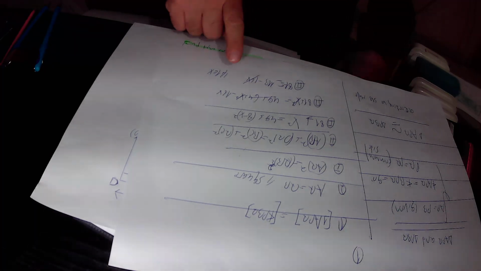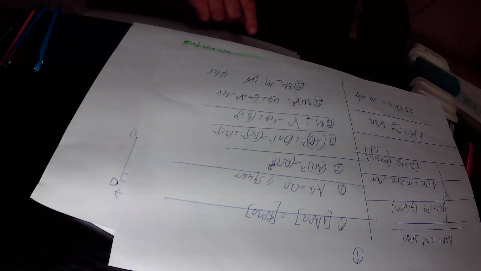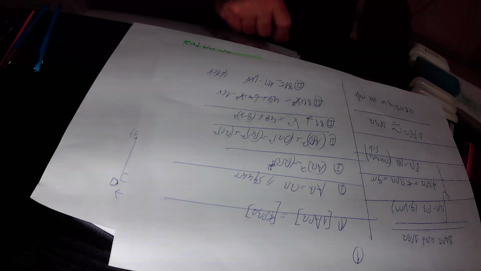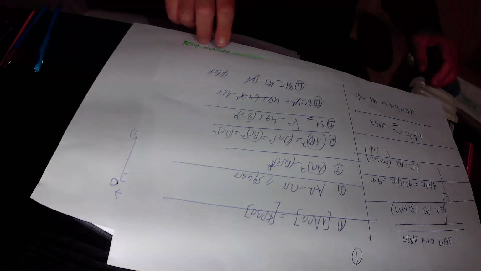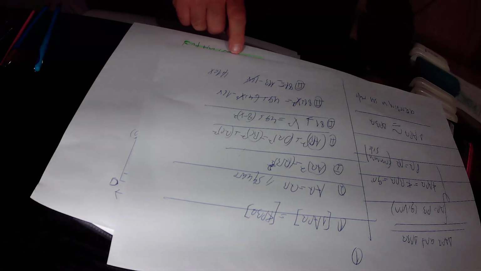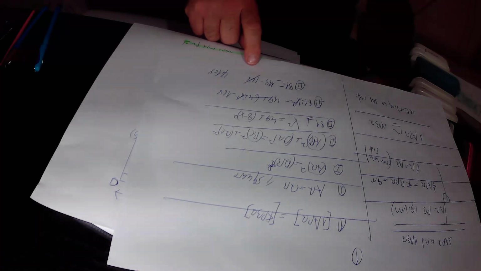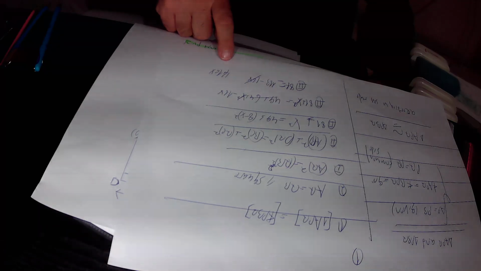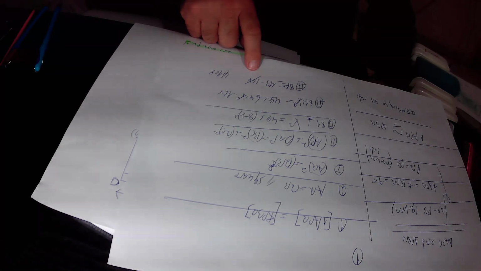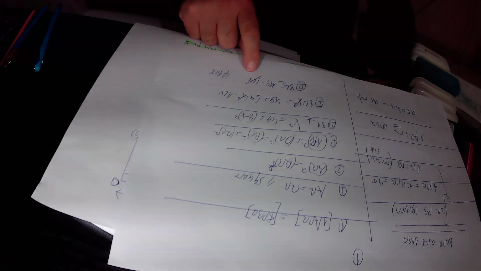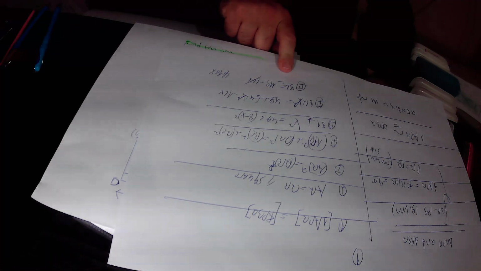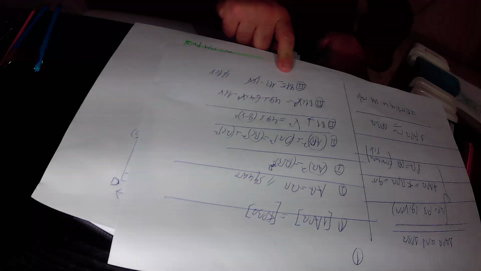Here we add 16x to this equation, so 16x gets cancelled on the right side.